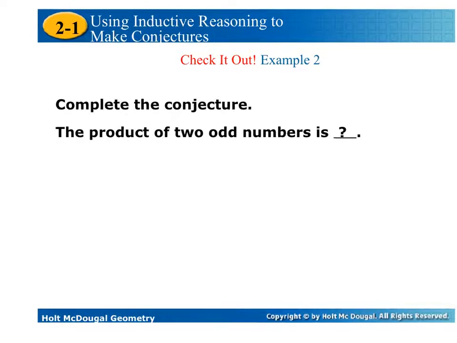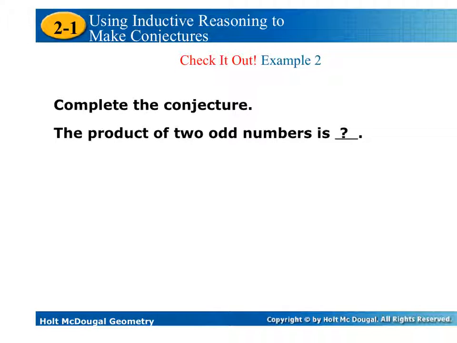So complete the conjecture. The product of two odd numbers is, so what's an odd number? Any odd number. 1, 3. And what's another odd number? 5. So what does it mean to do the product? Multiply. Yes, smart. So when you're doing the product, you multiply. So what's 3 times 5? 15. What's another odd number? 1.